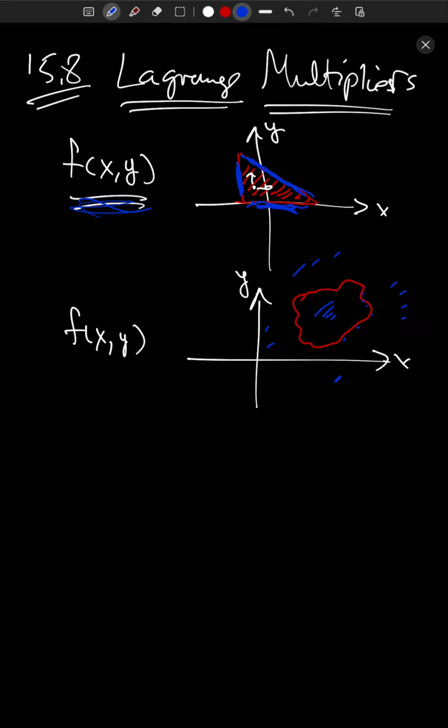And in particular, it gives us a second technique for working with the boundary portion of the kinds of problems we saw in 15.7. Okay, but of course, they don't just appear as boundaries of 15.7 problems. They can appear just as problems of their own.